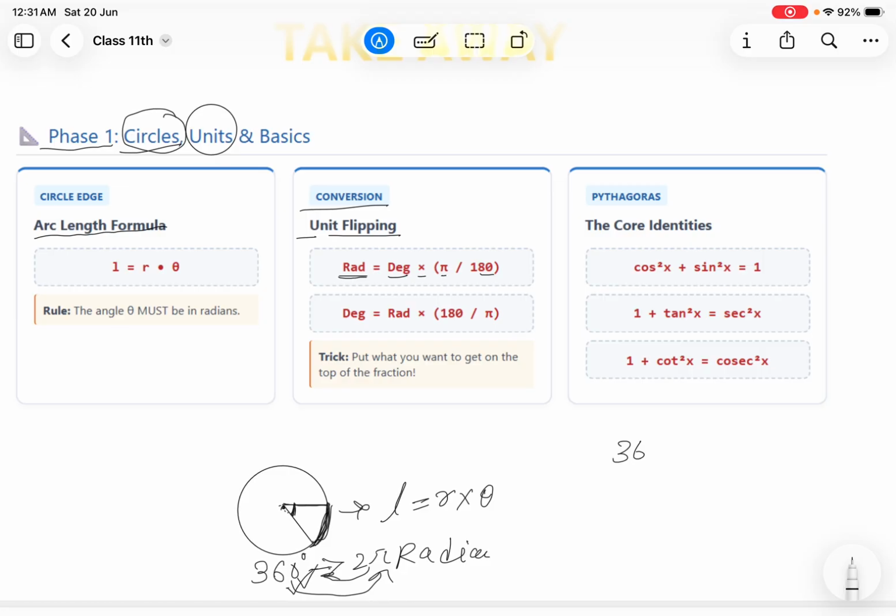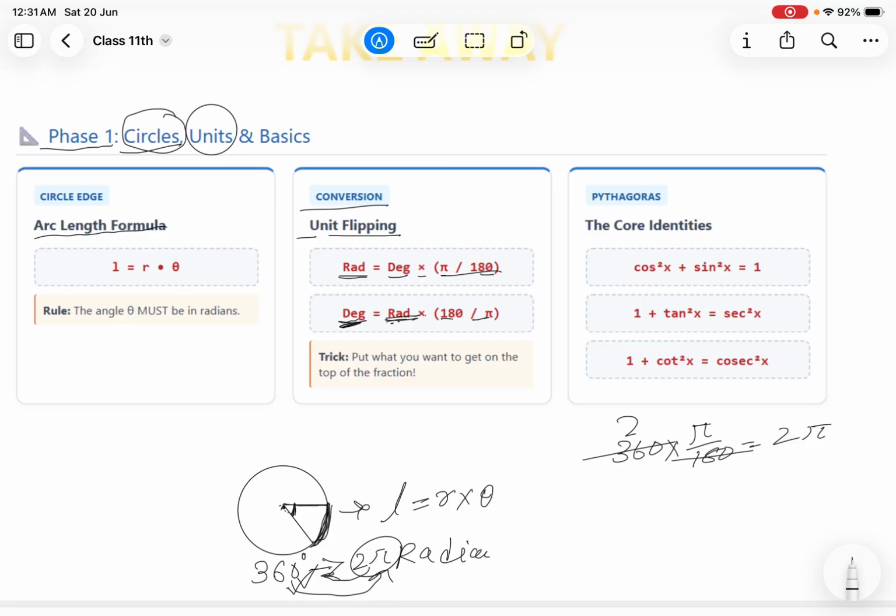For example, 360 degrees multiplied by pi by 180 gives 2 pi. I have already written it here. If we have anything in radians and want to convert to degrees, we multiply the radian by 180 by pi, the opposite of this.